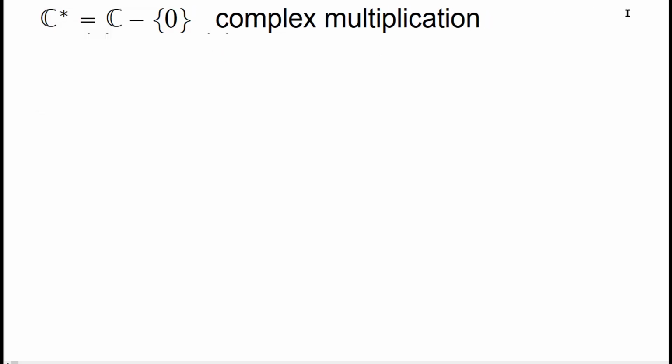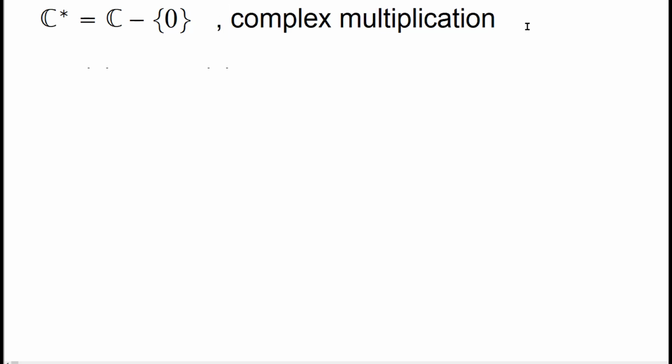And what I meant by C star is that C star is simply the set of complex numbers minus the element 0, because 0 does not have a multiplicative inverse. And our operation is complex multiplication.